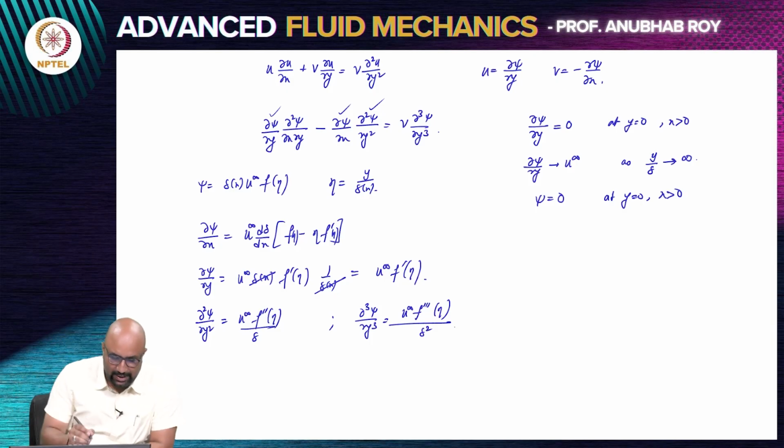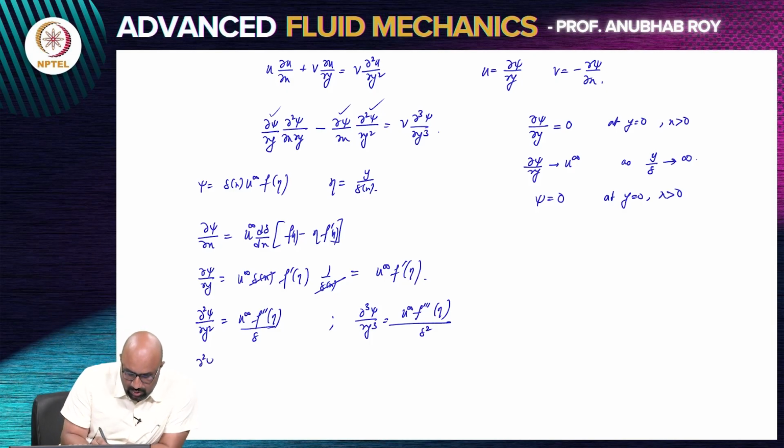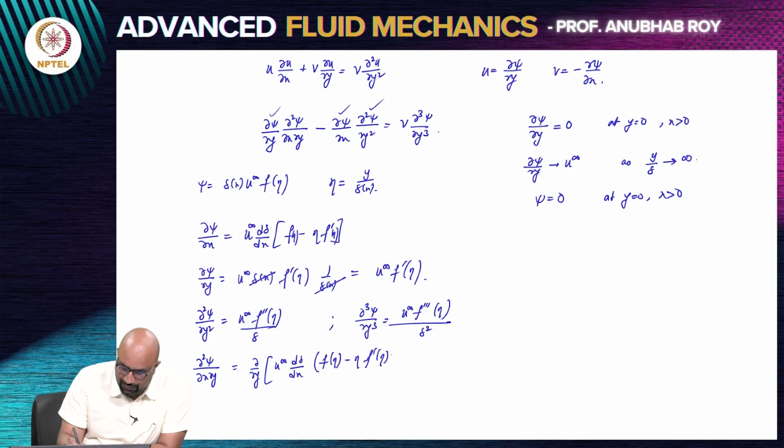Now the slightly complicated term is that mixed derivative, which is dou square psi dou x dou y. So I have already done dou psi dou x. So this is dou y of u infinity d delta dx f of eta minus eta f dash of eta. Now u infinity is independent of y, delta is independent of y.